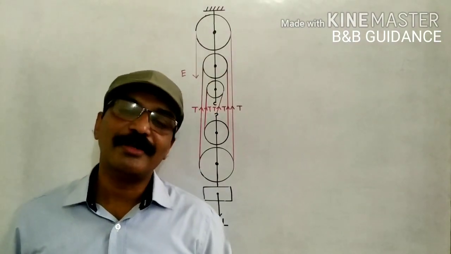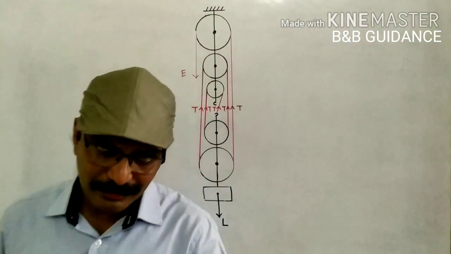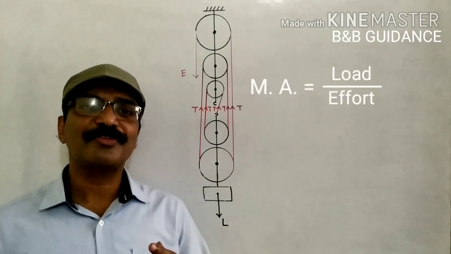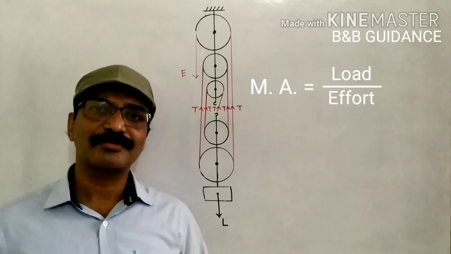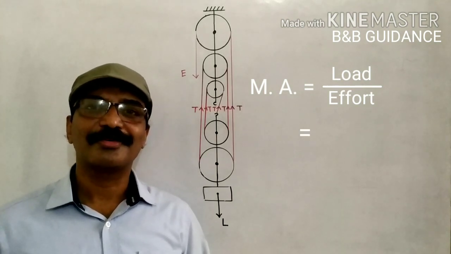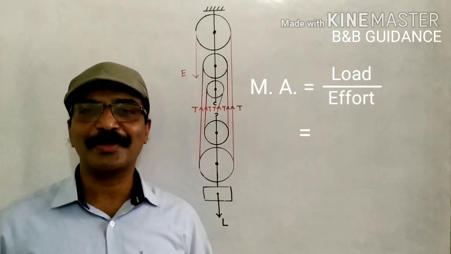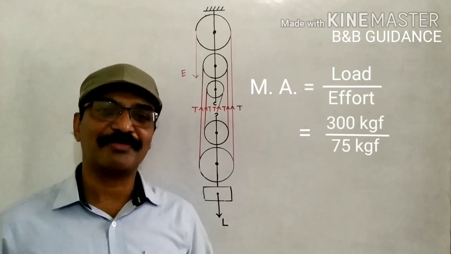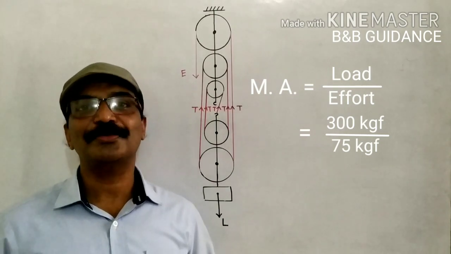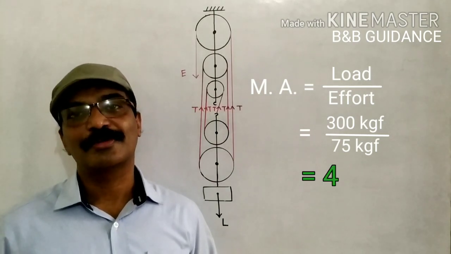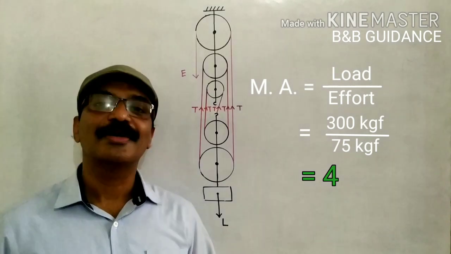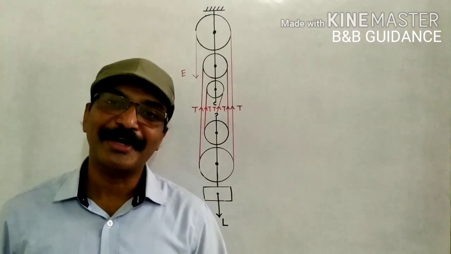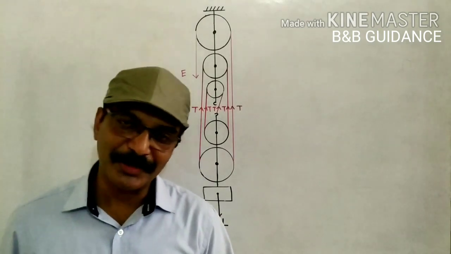Now we have to find the mechanical advantage. Mechanical advantage, you know, load by effort. Load is given, that is 300 kilogram force divided by effort is also given, that is 75 kilogram force. So 300 kilogram force divided by 75 kilogram force, that's equal to 4. So mechanical advantage is 4. We have to find efficiency also. Efficiency is nothing but mechanical advantage divided by velocity ratio.